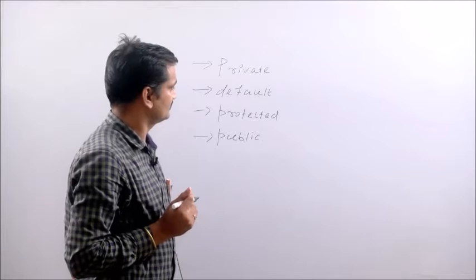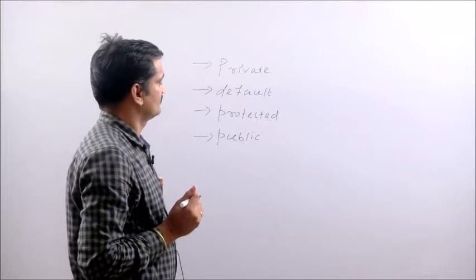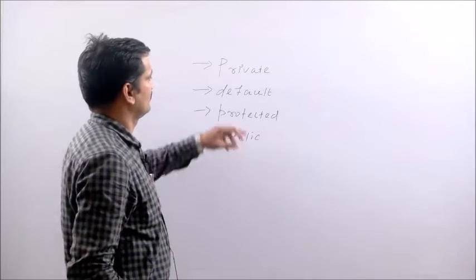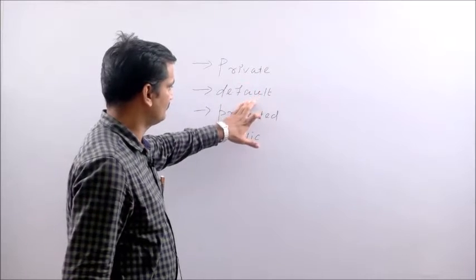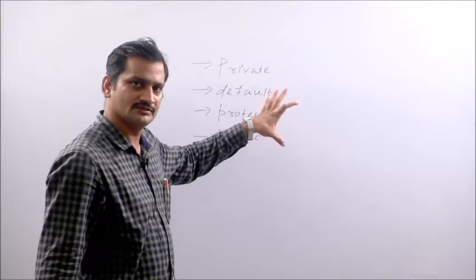Now, let us discuss each one of them. How private restricts and provides accessibility to the members, and how default, protected, and public each give accessibility to the members of a class.